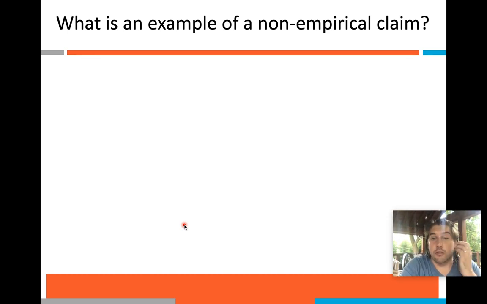So I really enjoy chess. I could make the claim that chess is the best board game in the world. Chess is the best board game in the world. It's a claim. I'm making that claim. I'm telling you that I think chess is the best board game in the world. But it's difficult to see how you could measure or quantify that, right?